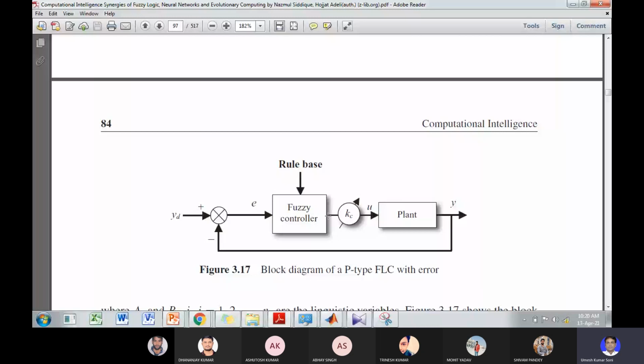It can be changed according to our required performance. This controller defines the output u in terms of the error, so it has been defined in terms of a fuzzy controller.